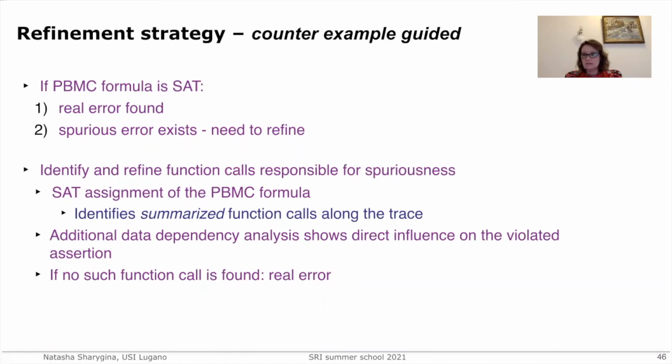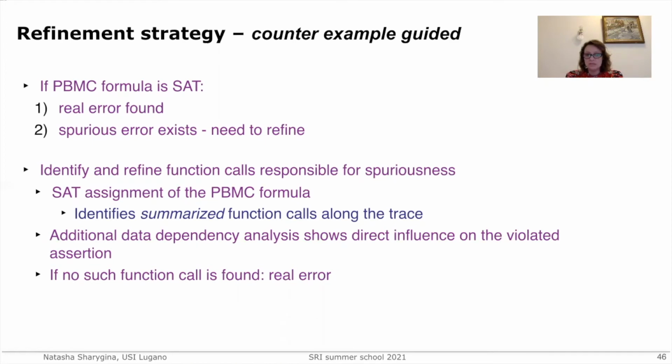And this error trace will be analyzed, and the possible function summaries which were involved in this error trace will be examined. Each function summary which is present in the error trace will be checked using data dependency analysis to see if there is a dependency between variables used in the function summary and the property.